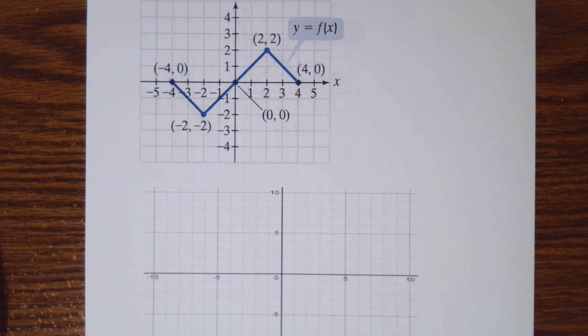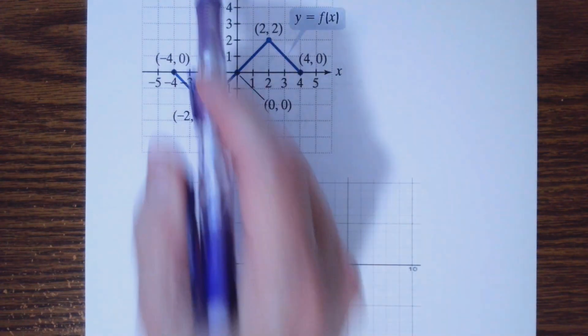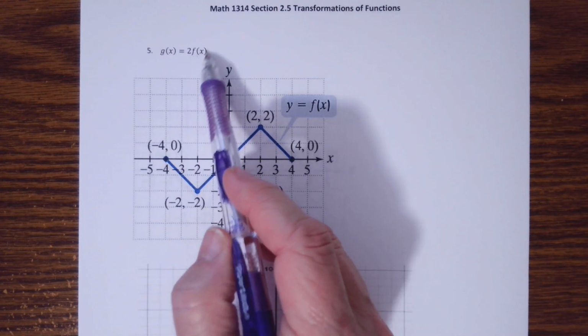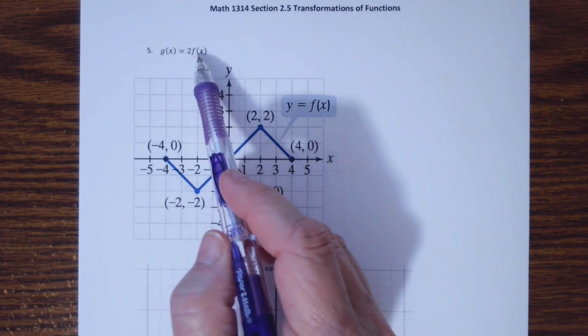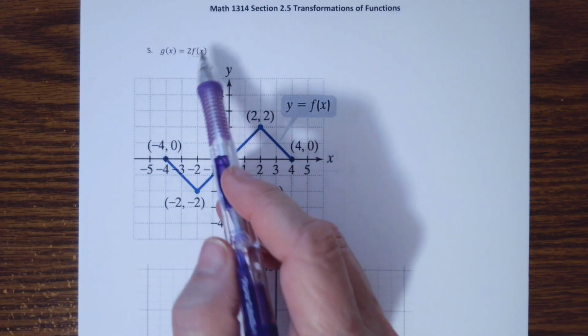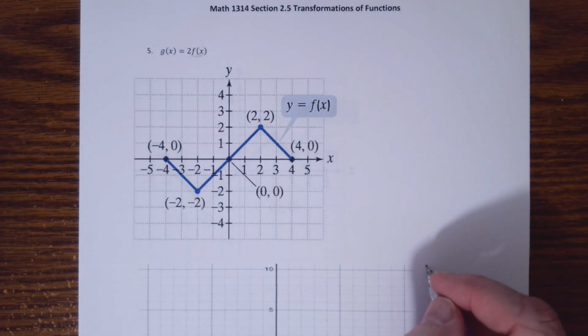So this is telling us to take 2 times our y value. When you have a 2 in front of f of x, remember f of x is y, we're going to multiply just our y values by 2.